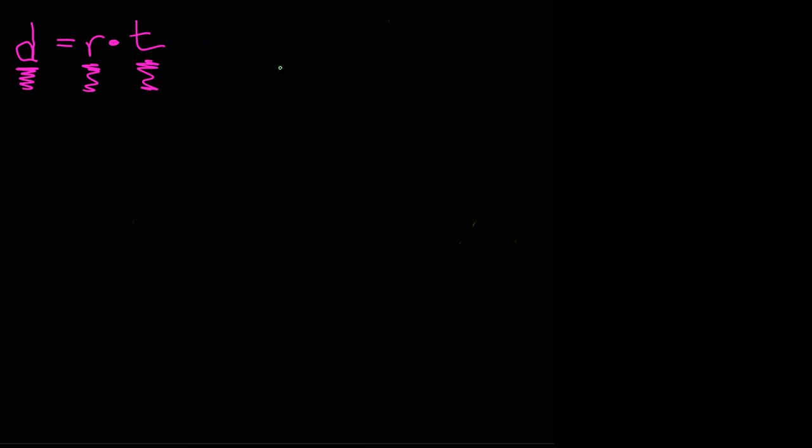So the way I remember this is I always look at miles per hour, which is miles per hour times time. Well, if I multiply by hours, those will cancel. And so this is how I always remembered setting up this equation, is I have some distance times my rate, right?